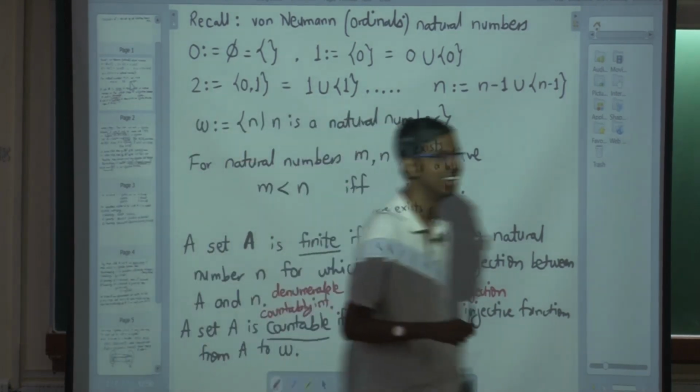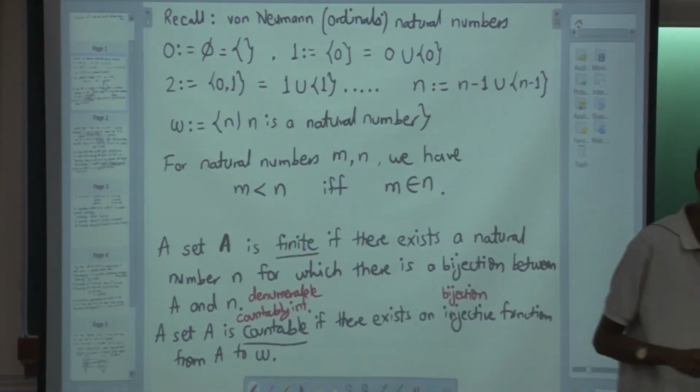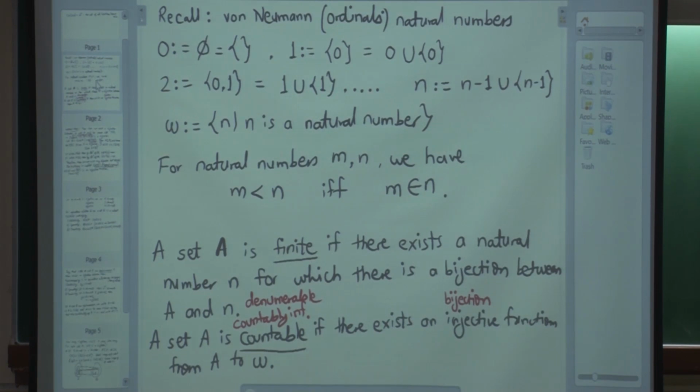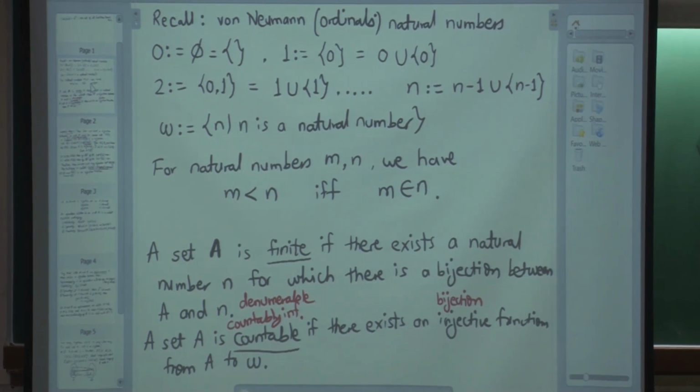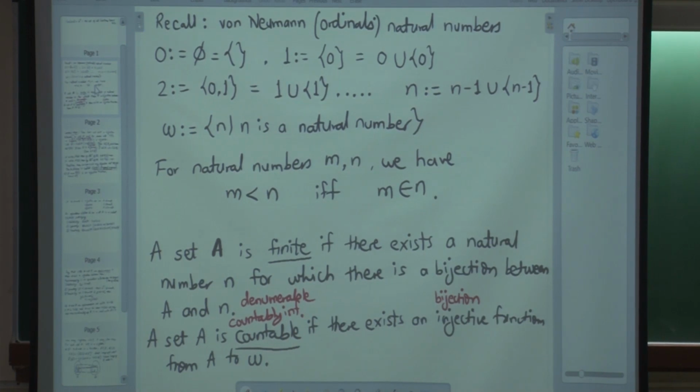No, it will be 0 union 1. 0 is the empty set and 1 is the singleton empty set. So 0 union 1 will be 1.